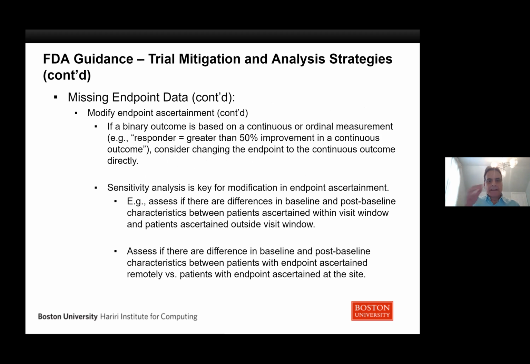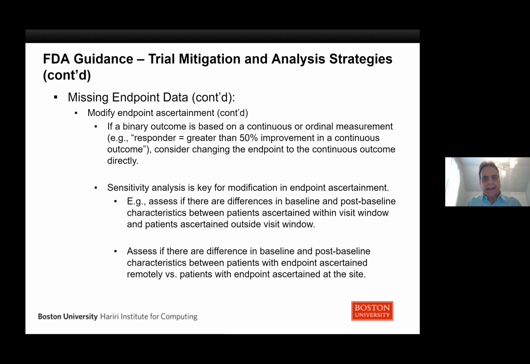Okay. If you have a binary outcome that's based on a continuous or ordinal measure exceeding a threshold, consider changing the endpoint to the continuous or ordinal measure directly. This is another way to change your endpoint. That would usually add more power when you change a binary outcome to continuous. Again, sensitivity analysis is the key.